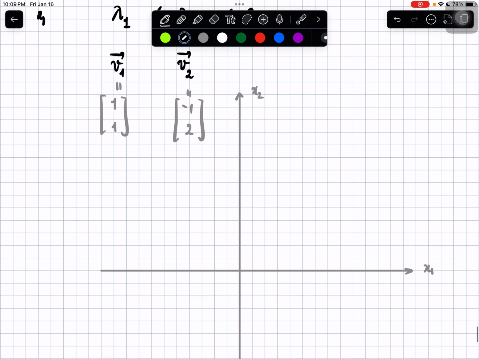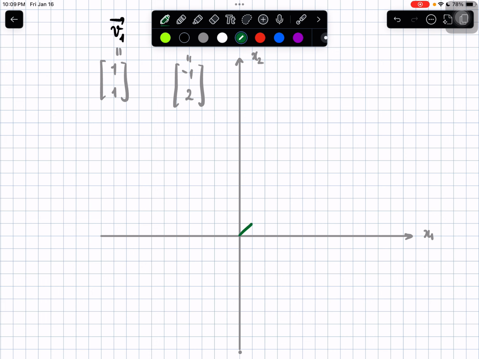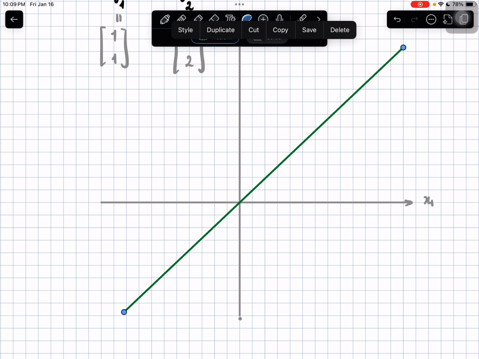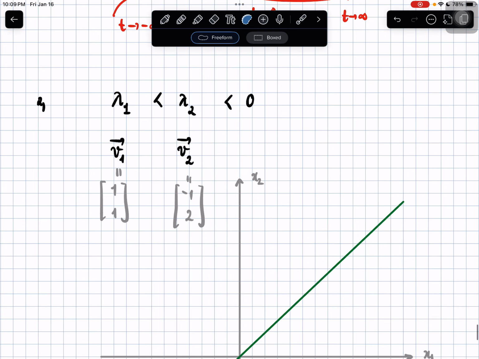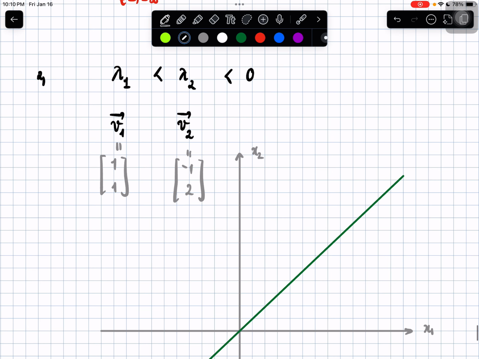The general solution is x(t) equals c1 v1 e^(lambda 1 t) plus c2 v2 e^(lambda 2 t).